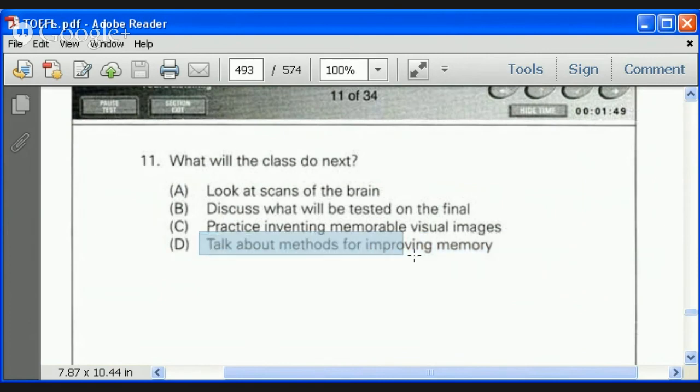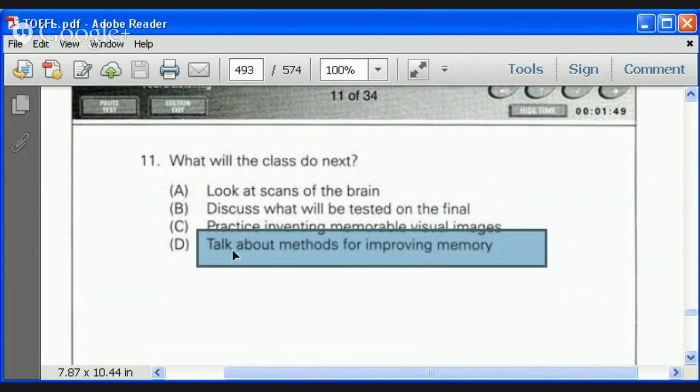If you're having problems between 2 possible answers, here's a basic clue, and this is true for listening and reading. If you're stuck with 2 answers, always in TOEFL, pick the more general answer. 9 times out of 10, that will be the correct answer.